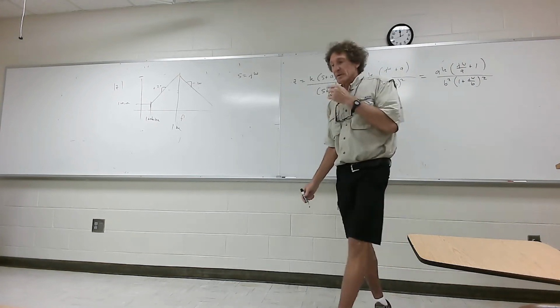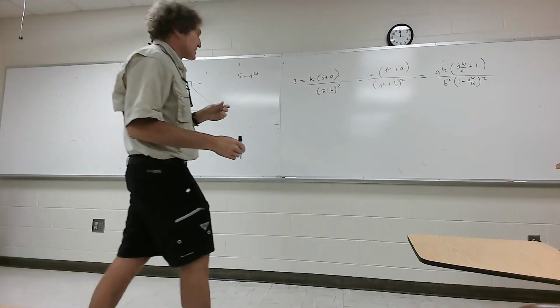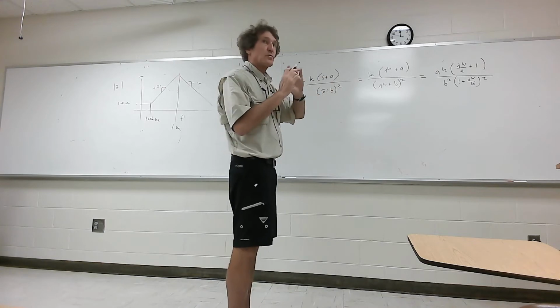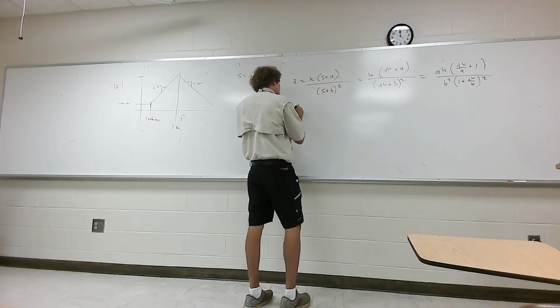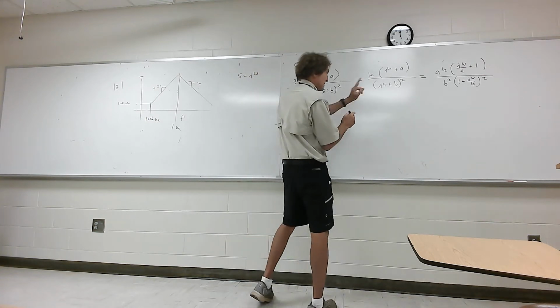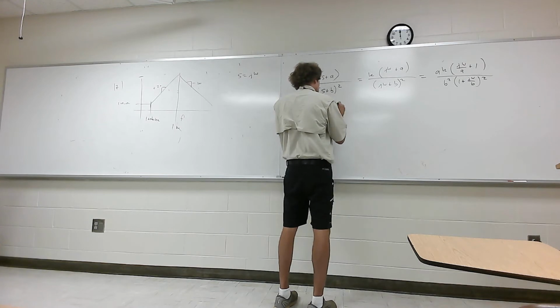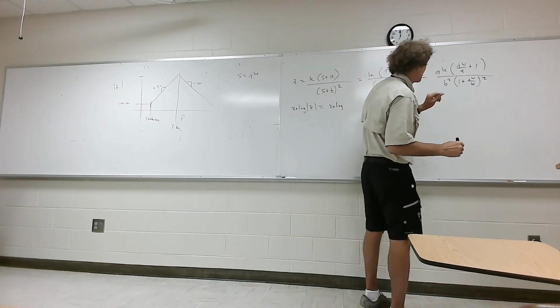Now, the reason I'm doing that is because when I take 20, this is just Z in general, when I take 20 times the log of this, you'll see it really clearly. When I take 20 times the log of the magnitude of Z, that's going to be 20 times the log here of this term AK over B squared.